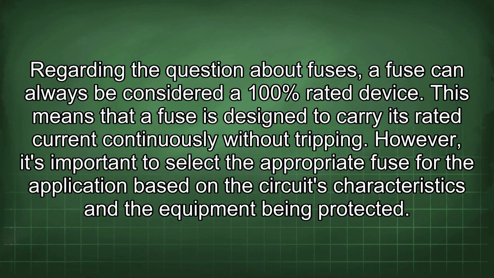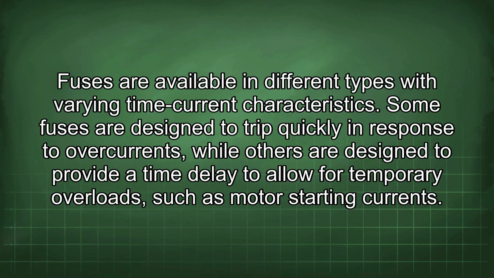However, it's important to select the appropriate fuse for the application based on the circuit's characteristics and the equipment being protected. Fuses are available in different types with varying time current characteristics. Some fuses are designed to trip quickly in response to overcurrents, while others are designed to provide a time delay to allow for temporary overloads, such as motor starting currents.